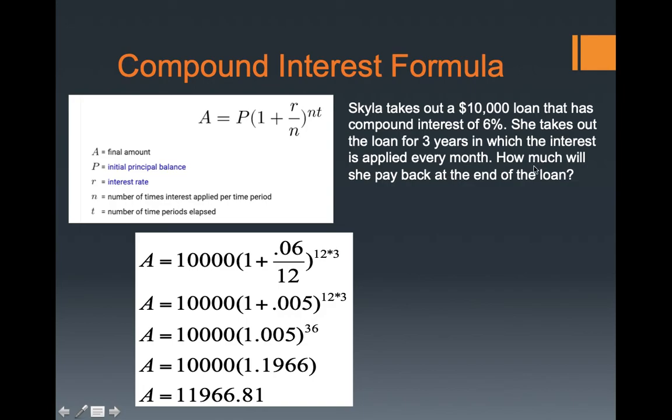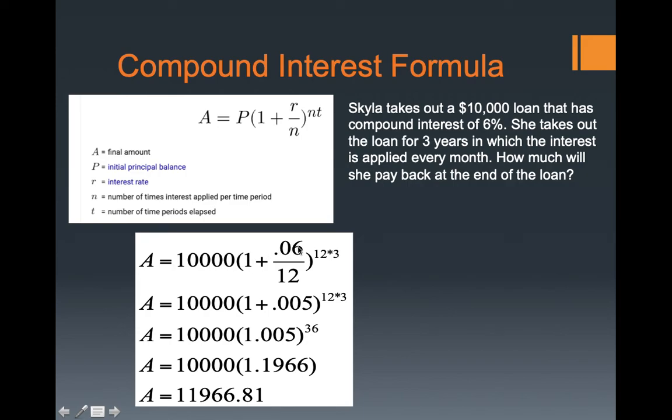So here's a real life example. Skylar takes out a $10,000 loan that has a compound interest of 6%. She takes the loan out for 3 years in which the interest is applied every month. So it explains exactly what's going on. So P is the principal, that's the 10,000.